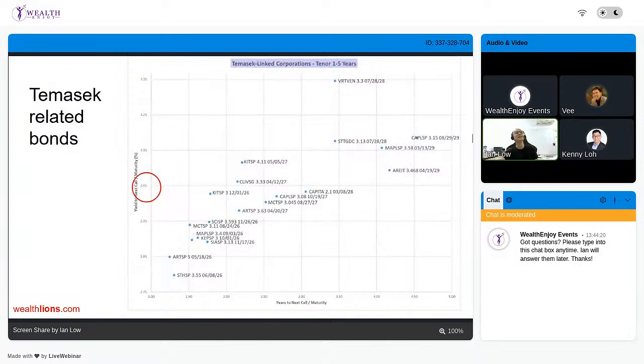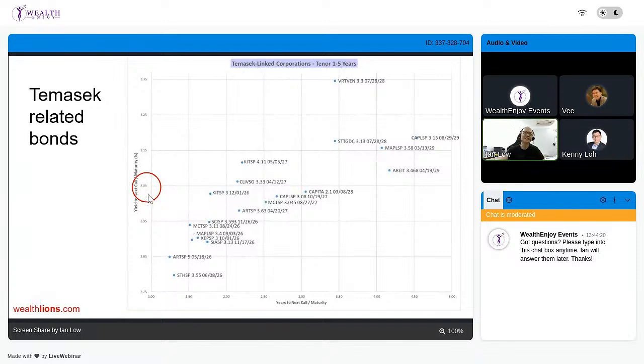And there you see, just now I was telling you I expect the Temasek-related bonds to be about 3.8%, but actually they are trading at only about 3.05%. These are all Temasek bonds, you see. 3.35, 2.85, this is about 3%.